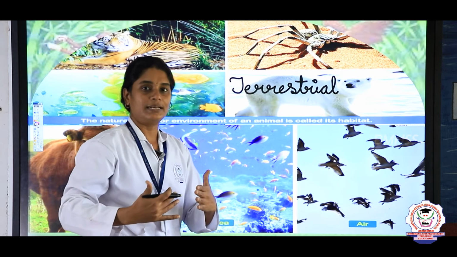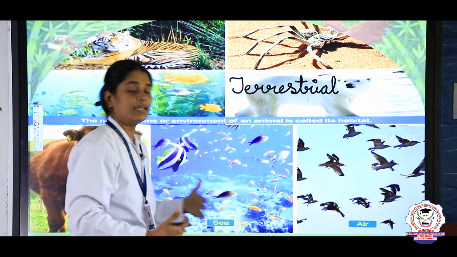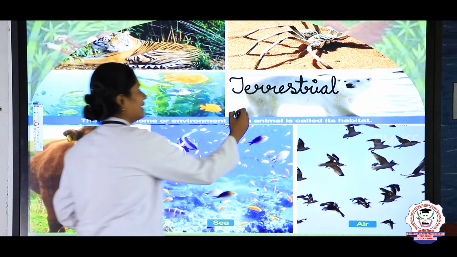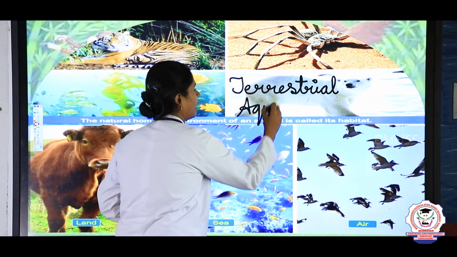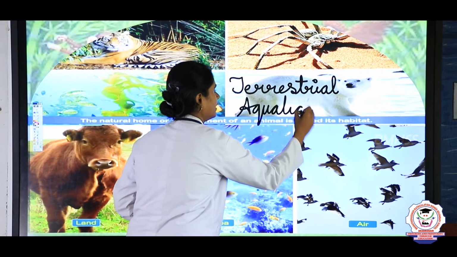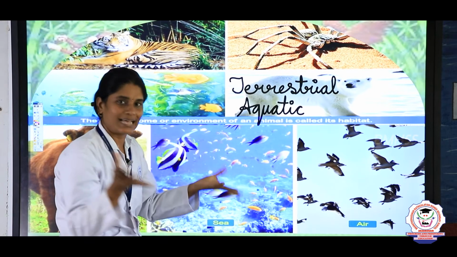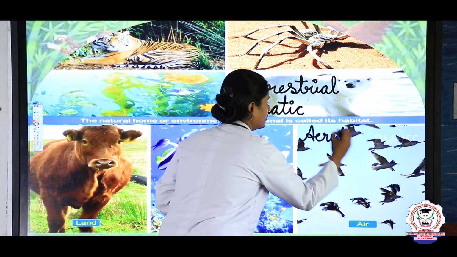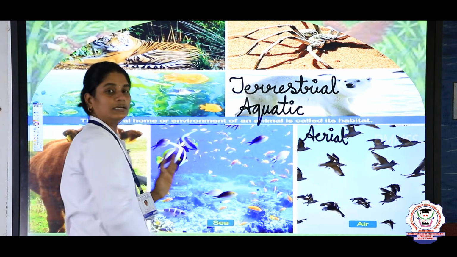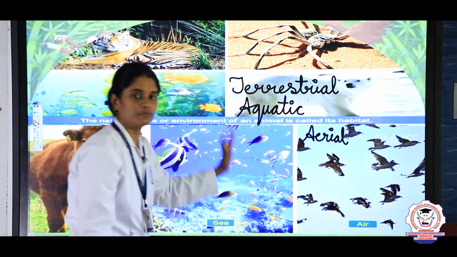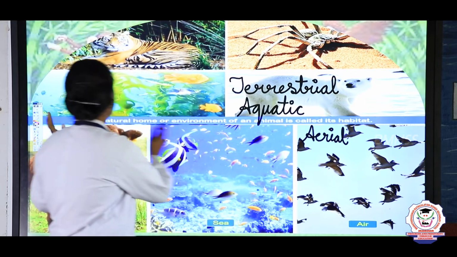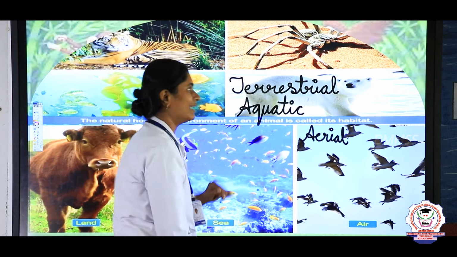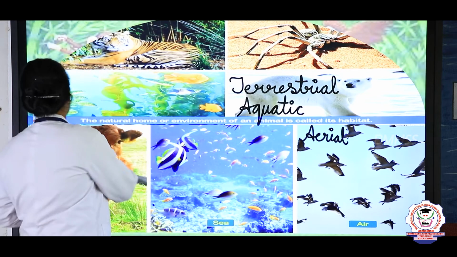The animals that live on land are called terrestrial, the animals that live in water are called aquatic, and animals that always fly in the sky are called aerial, right? So these are all the habitat places for animals. A natural home or environment of an animal is called habitat, right?